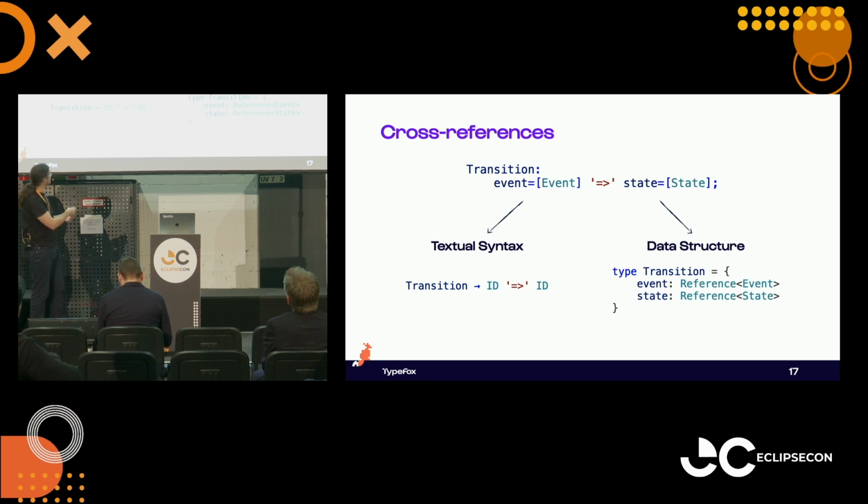And syntactically, it's just identifier, arrow sign, identifier. So the parser only sees these names and this keyword here. But on the semantic level or the data structure, we get a property event, which is a reference to an event, and a state, which is a reference to a state.